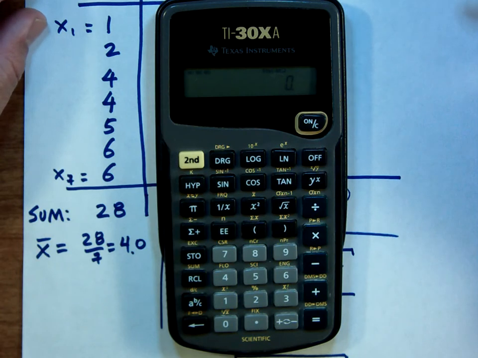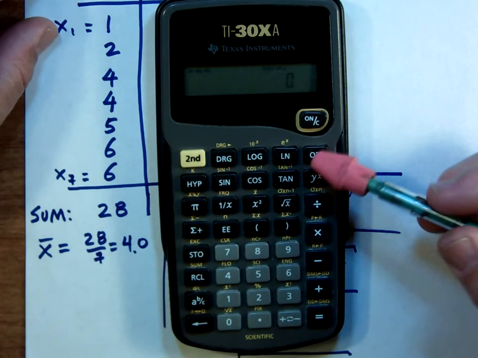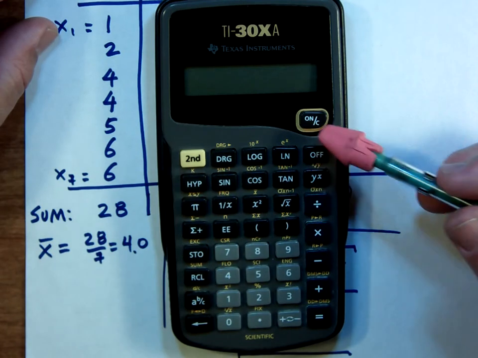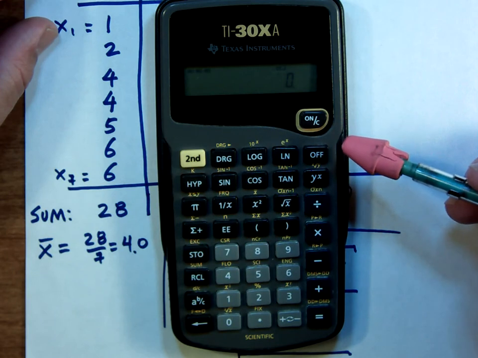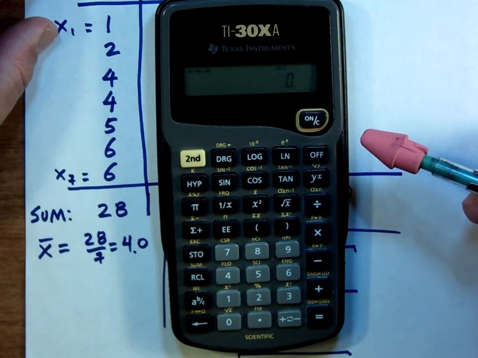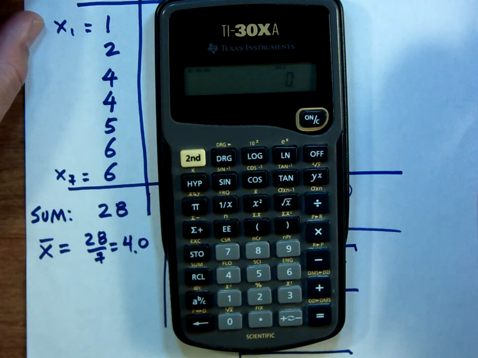So first of all, turn it off and then turn it on. That way your data should be all cleared. There's also another way to verify that the data you enter are the only ones this calculator uses to do the computation.